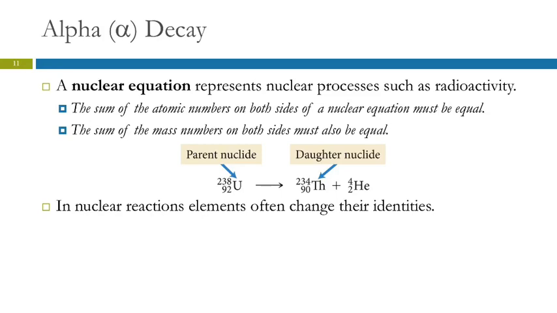So we're looking at the mass number. So the mass number of everything on the reactant side and the mass numbers of everything on the product side need to match up. And the atomic number, the number of protons, also needs to match up. So here we've got 92 on the left, we have 90 plus 2 on the right. 238 over here, 234 plus 4.